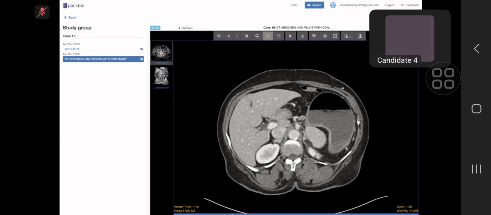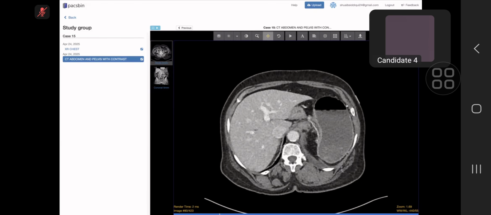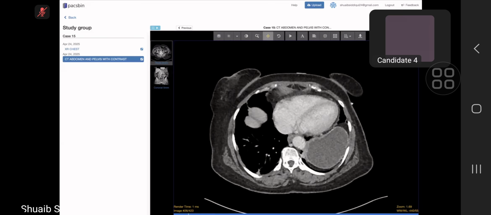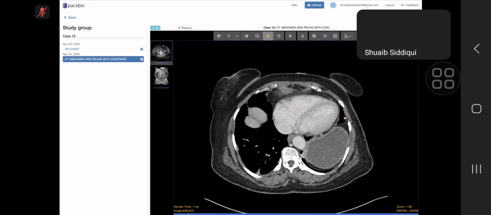What do you think the diagnosis is? Can I see the coronal again? I want to rule out any twisting of the mesentery. Okay, have a look at the coronal.